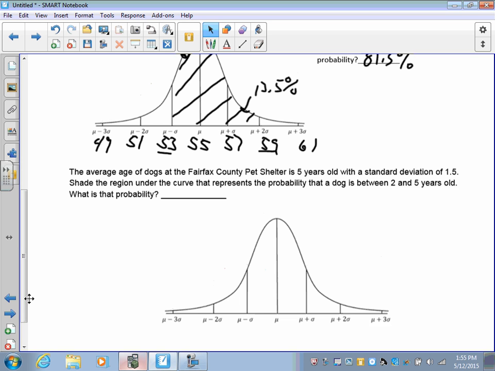The average age of dogs at the Fairfax County Pet Shelter is 5 years old with a standard deviation of 1.5. Shade the region under the curve that represents the probability that a dog is between 2 and 5 years old. What is the probability? So we're going to start with 5.